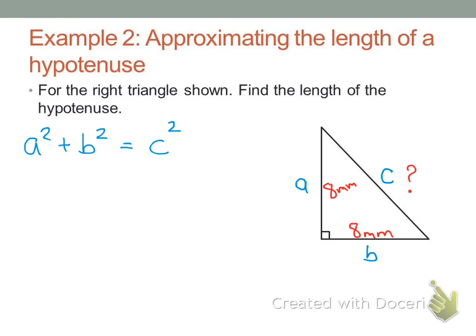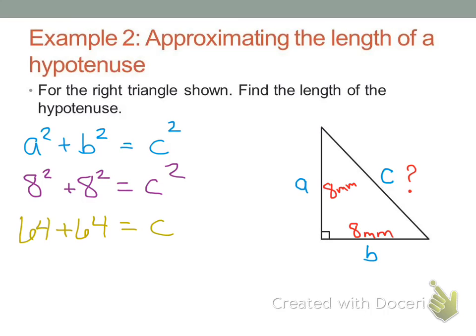Let's go ahead and plug this back into our formula. So I have 8 squared plus 8 squared equals C squared. 64 plus 64 equals C squared. Now I have 128.